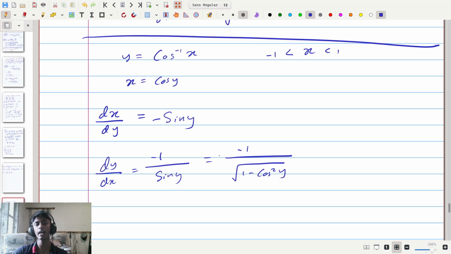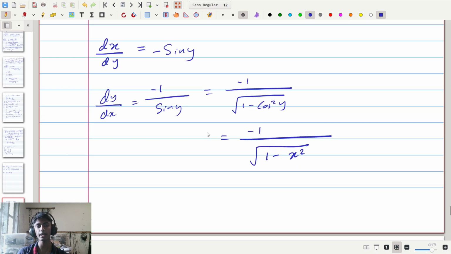And finally, as a final statement, since the cosine of y is equal to x, we can substitute x into here and put x as this thing, so that we have -1 divided by the square root of 1 minus cosine of y is x, so here we have x squared.